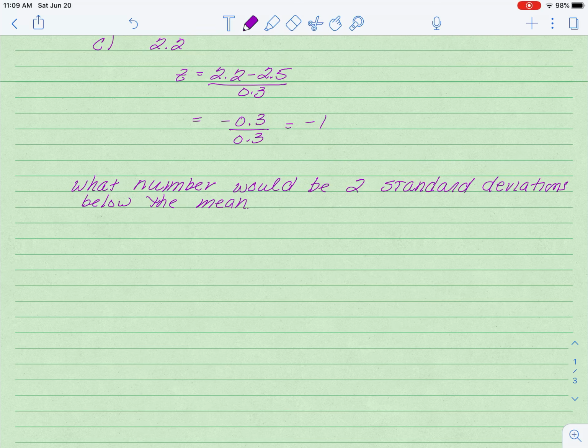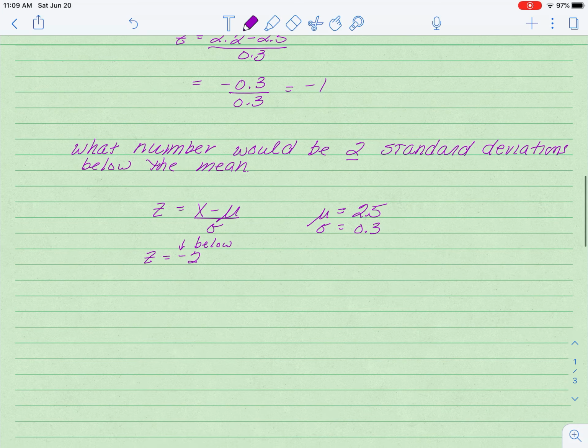Now, if z represents the number of standard deviations either above or below, basically it's saying in this equation z equals x minus mu over sigma, where in our problem mu is equal to 2.5 and sigma is equal to 0.3, that z is negative 2. Negative because it's below, and 2 because it's 2 standard deviations away from it.